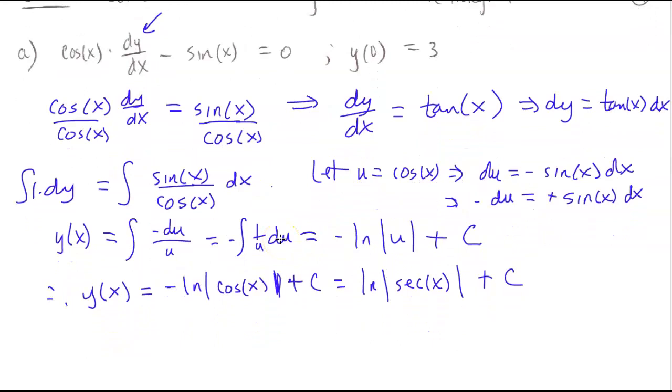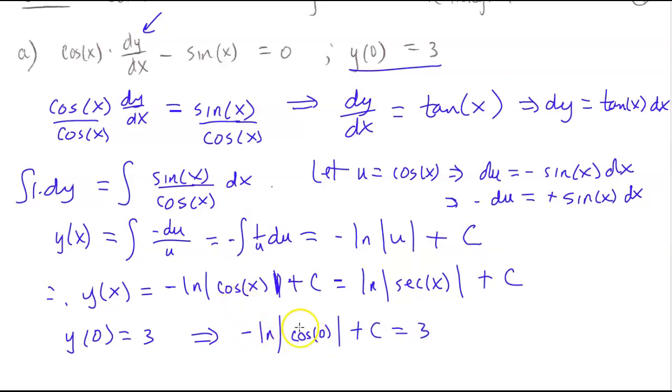Now, since we were able to take the antiderivative with relative ease, we'll just use these initial conditions. We know that y of 0 is equal to 3, which means, using this form, that negative natural log of cosine of 0 plus c is equal to 3. We know cosine of 0 is 1, and natural log of 1 is 0.